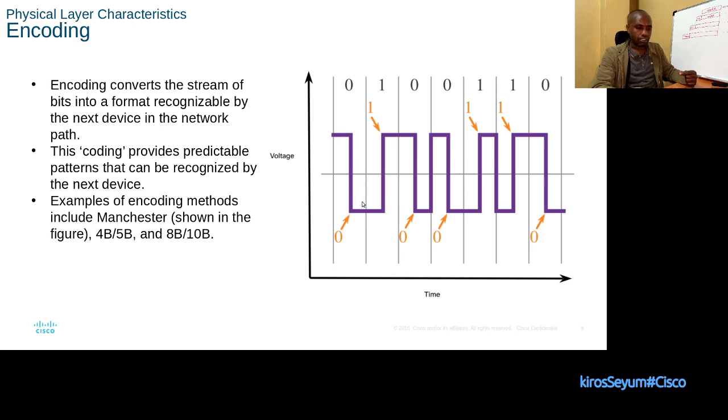And the 1 is the first half is 0, and then the second half of the signal bit is 1. So you can have different forms of encoding. There are a lot of encoding techniques, but Manchester is very common because it has actually noise prevention techniques.